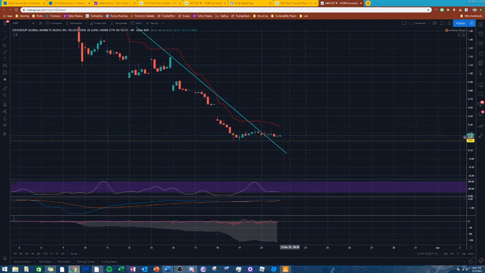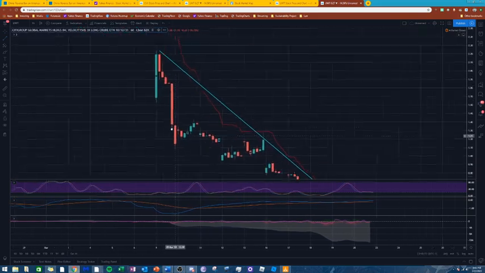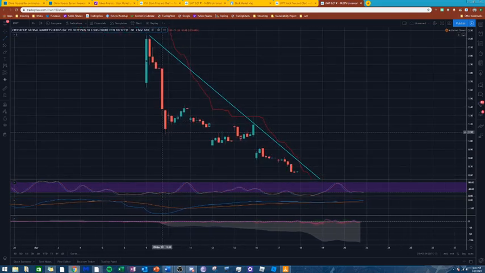If I were to take this trade, what I would probably do is, and you know what, I'm going to show you something here. What they call the swing high and the swing low, they always create a little bit of support and resistance. So we've got a swing low right here and a swing high. And we've got a swing low and a swing high.